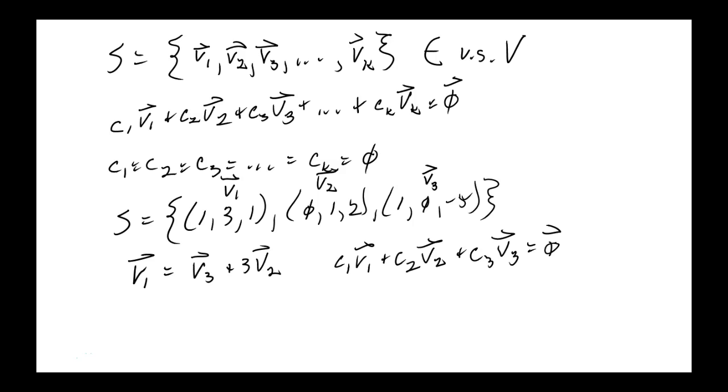Since this has a solution not the trivial solution, such as C1 equal 1, C2 equal negative 1, and C3 equal negative 3, then that's not the trivial solution, and yet that gives you the 0 vector. It can't do it. It has a non-trivial solution in which the coefficients are not all 0. I mean, you can just have one not being 0, or just a couple.